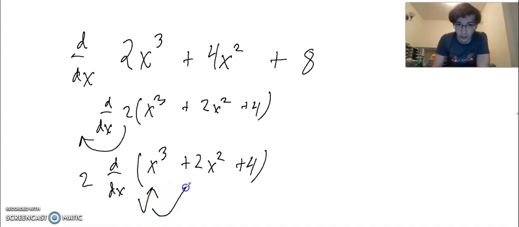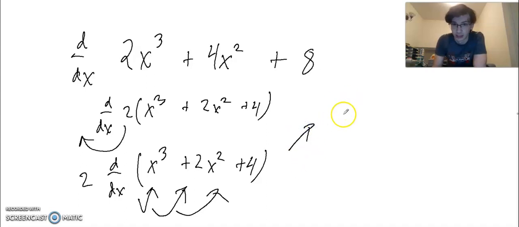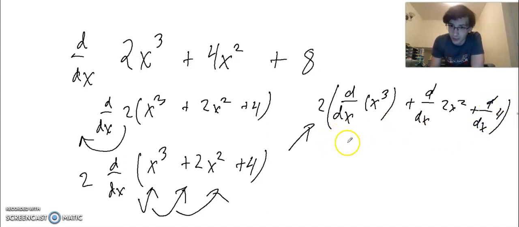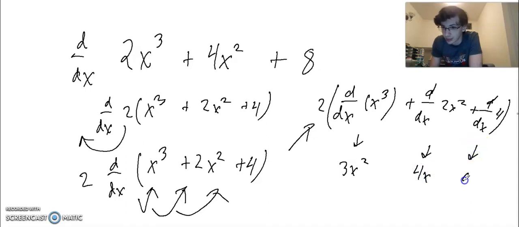Factor out, distribute the d dx. We got 2 times, it just takes a long time to write out. It's a little messy, my bad. But then this is just 3x squared. This is 4x, and that's just 0.